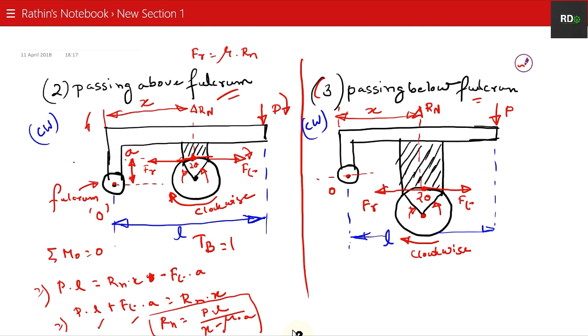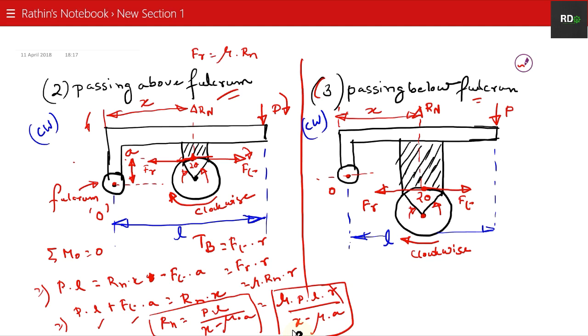It will be Ft into R. Ft is nothing but mu into Rn, so Fr is mu into Rn into R. If you totally place it, it will be mu P L into R divided by X minus mu into A. Your TB will become like that, for the tangential braking force passing above the fulcrum.